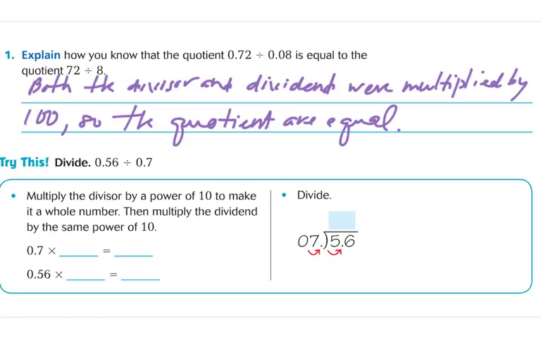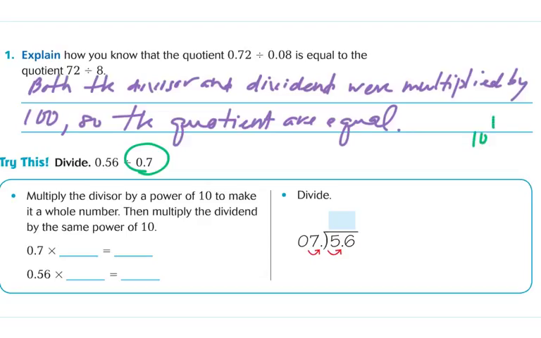Now, boys and girls, we're going to try this. We look and we see we have 56 hundredths divided by 7 tenths. So right off the bat, the divisor is the really important number, boys and girls. We need to think, the divisor, 7 tenths, needs to become a whole number. What would we multiply, which is a power of 10?